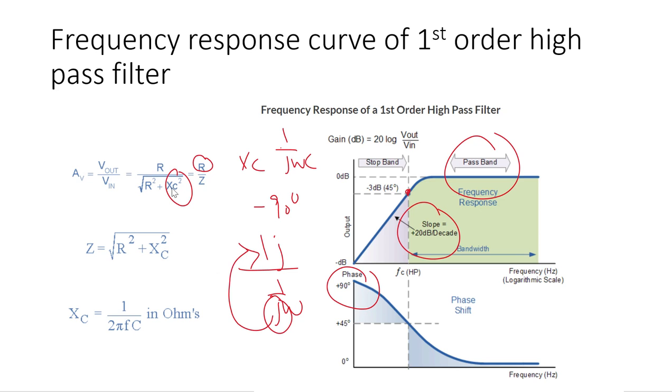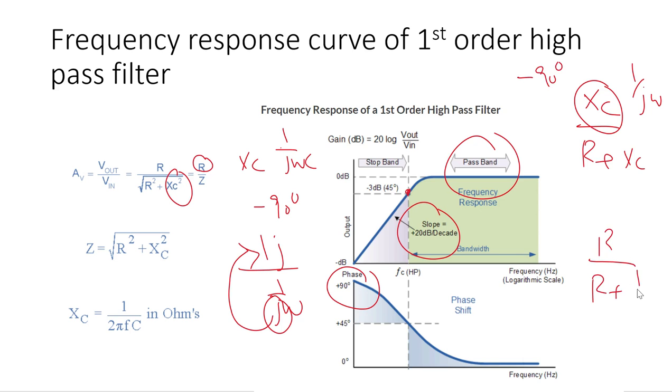In the first equation we had Xc divided by R plus Xc. So we had this 1 over j omega c that was making a minus 90 degree angle. Now we are having R divided by R plus 1 over j omega c. If we make this go up, let's say this R is not here, what will happen?